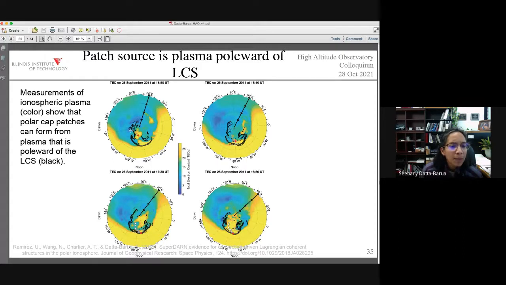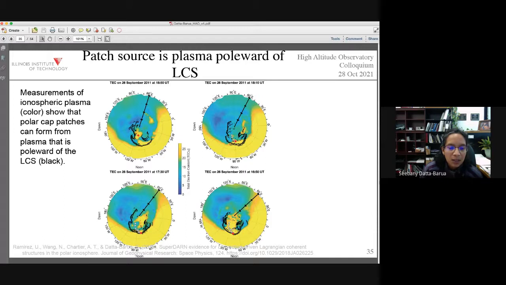So plotted in black are the LCSs for different initial times. So what we did here is we see, okay, there's a polar cap patch. If we go earlier in time, can we see where that polar cap patch originated from? And so each of these plots is going earlier in time respectively.